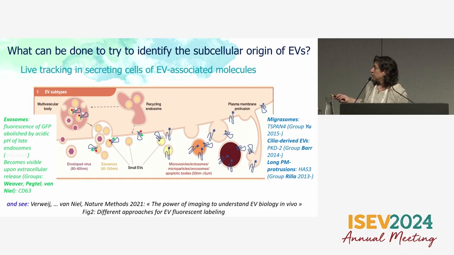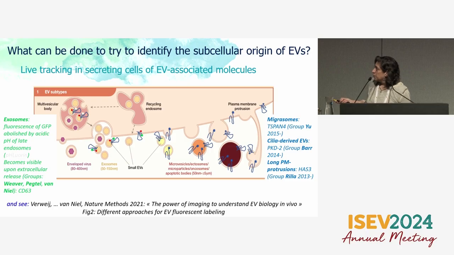This has been done, for instance, by using specific molecules that have been shown to be specifically expressed on particular subtypes of large EVs coming from the plasma membrane: the migrasomes, the cilia-derived EVs, or long plasma membrane protrusions. Using fluorescent forms of these molecules, these groups could show that these large EVs were formed and released from the plasma membrane of these cells.